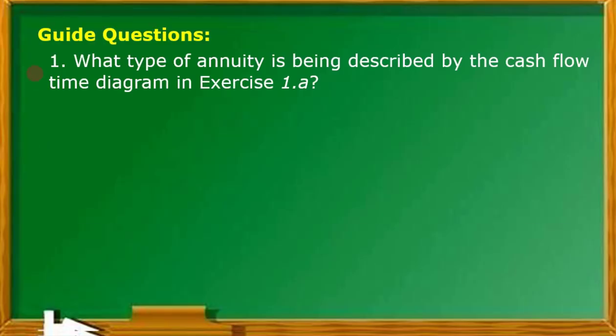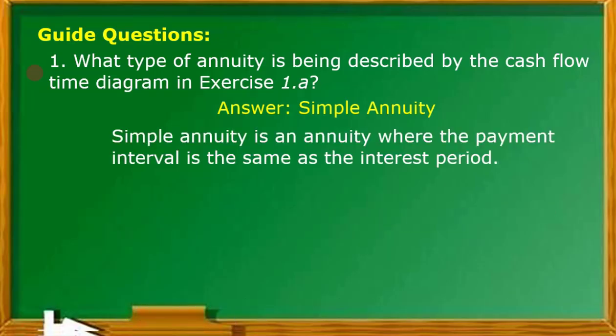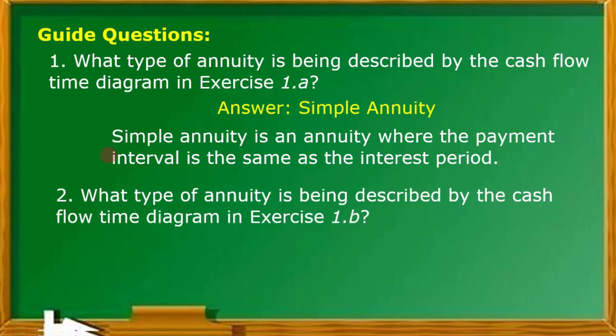For number 1, what type of annuity is being described by the cash flow time diagram in exercise 1A? Well, simple annuity, as this refers to an annuity where the payment interval is the same as the interest period. Number 2, what type of annuity is being described by the cash flow time diagram in exercise 1B?